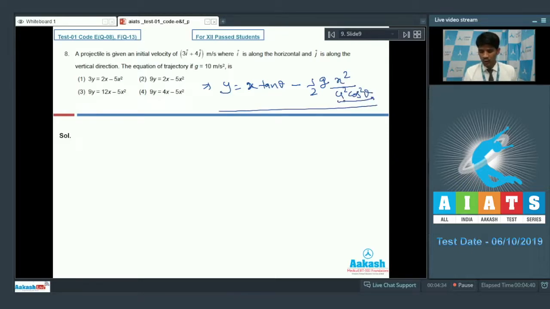This portion, u² cos² theta, is the square of the velocity along the x direction. Already we have been provided with the options in x.